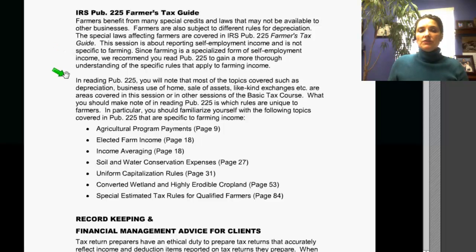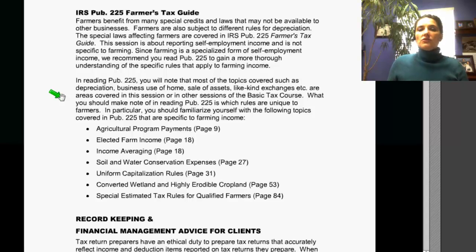In reading Publication 225, you will note that most of the topics covered in the publication, such as depreciation, business use of home, sale of assets, like-kind exchanges, etc., are areas covered in this session or in other sessions of the basic tax course. What you should make note of in reading Publication 225 is which rules are unique to farmers.